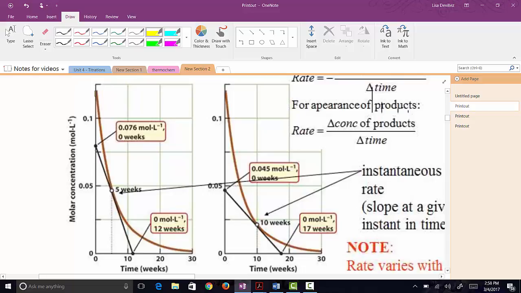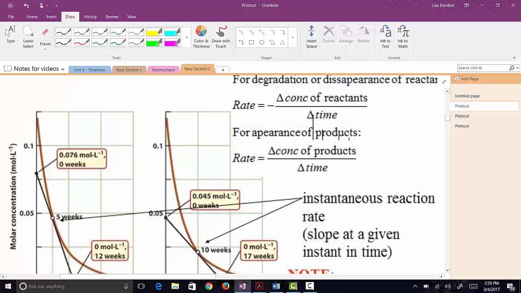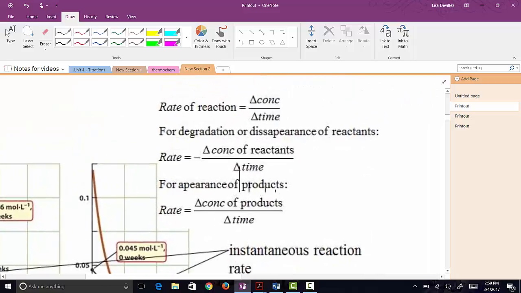That's because as the reaction progresses, we are decreasing the number of reactants, which means the rate of the reaction is going to slow down because the frequency of collisions will be less because we have fewer reactants to collide with each other.